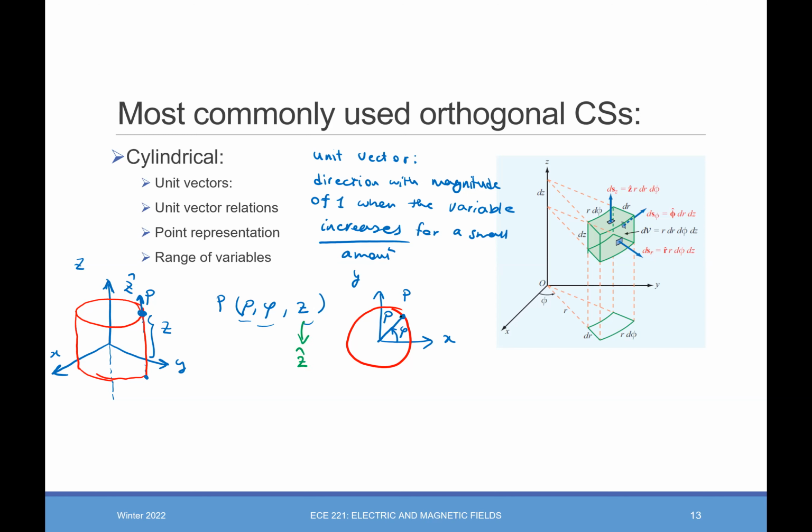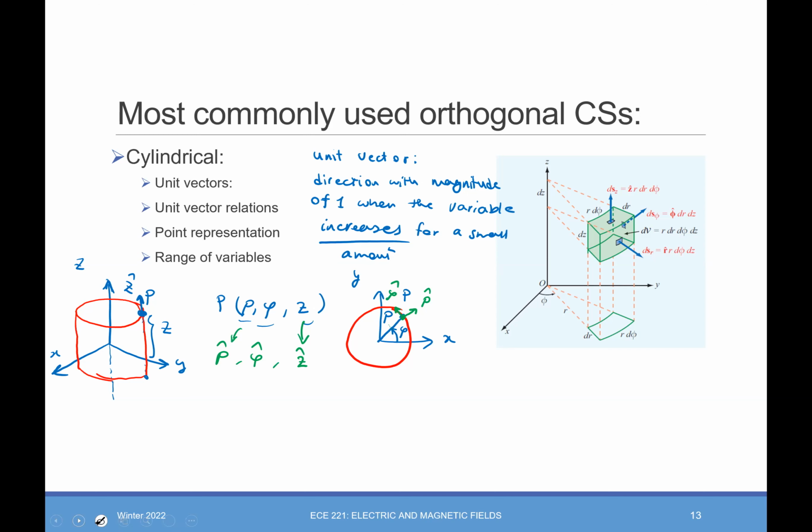But for rho, if rho increases for a very small amount at this point, rho hat is going to be in this direction. And phi hat is going to be in this direction, if phi changes for a very small amount. So these are the unit vectors of a cylindrical coordinate system.